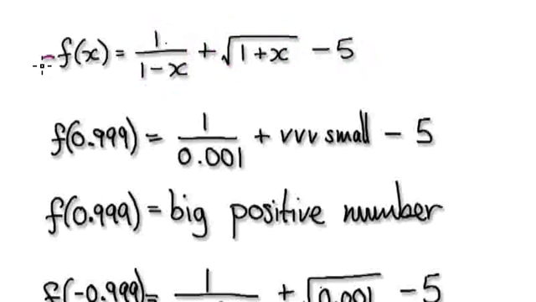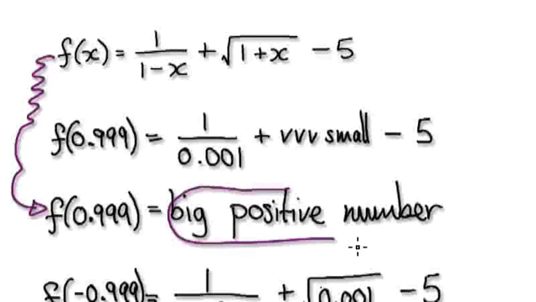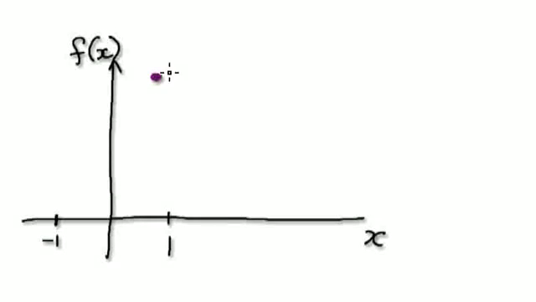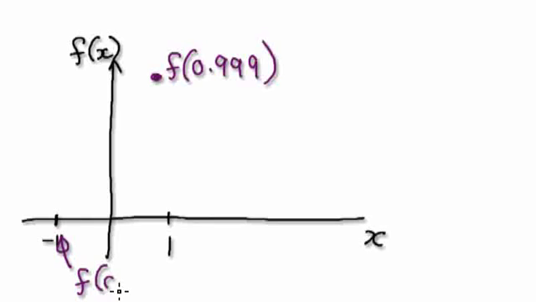Overall, it will be a big positive number. Okay, so that means, looking at our graph here, it must be in a positive realm somewhere. Okay, so this is f of 0.999.